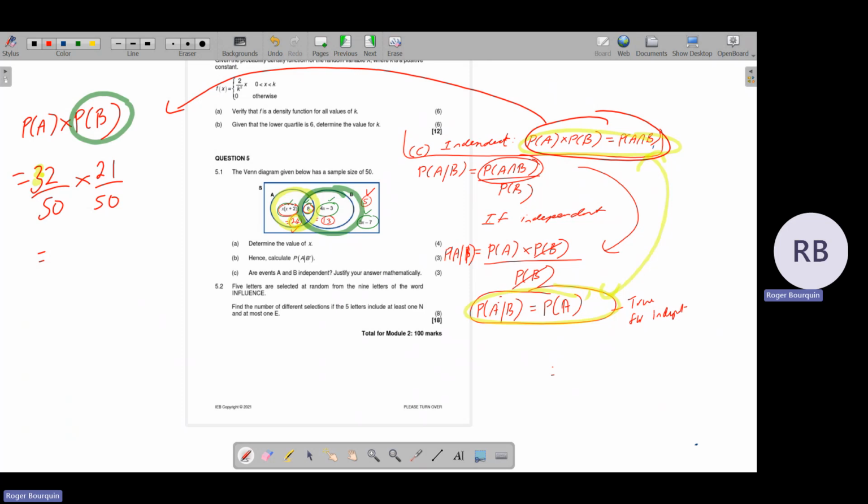Sorry, I'm checking my calculator. You go 32 divided by 50 times 21 divided by 50, and you get 0.2688.